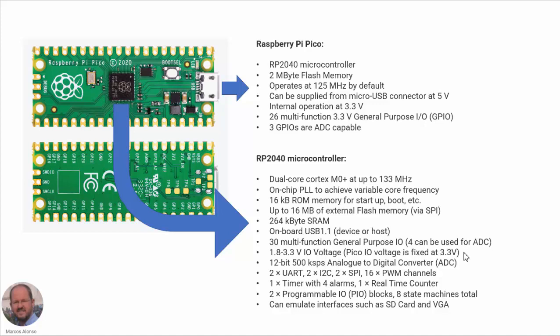It can operate in a range of voltage from 1.8 to 3.3 volts. The Raspberry Pi Pico voltage is fixed at 3.3 volts.